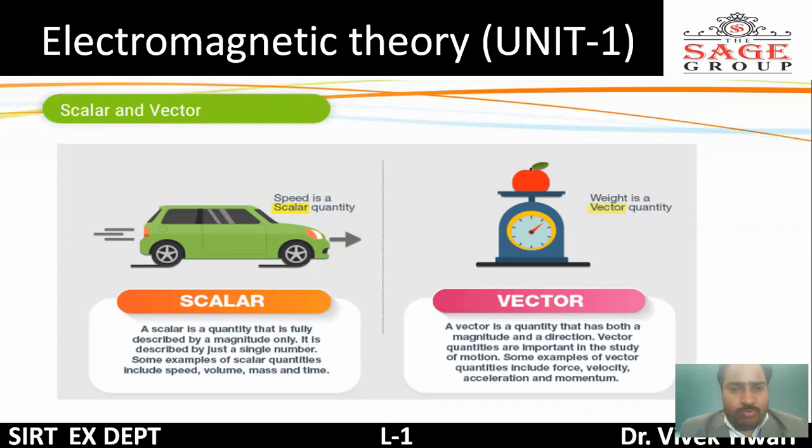So a brief review: in a scalar quantity only magnitude is defined, no direction, and in a vector quantity magnitude plus direction is defined.